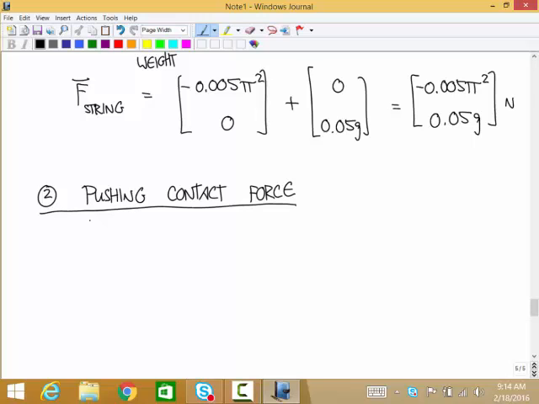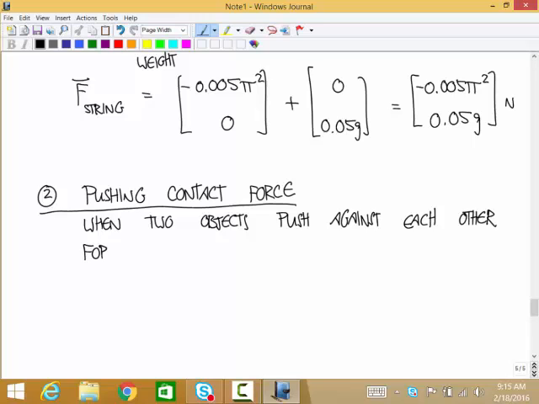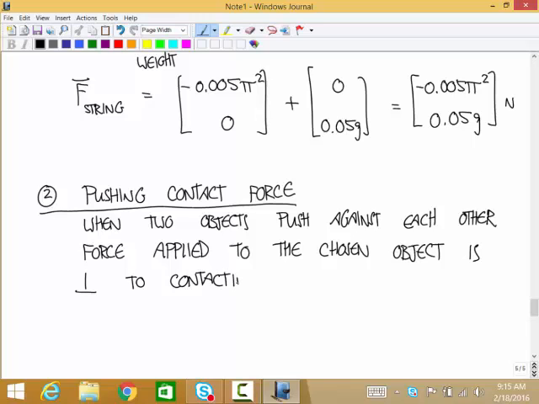So when two objects push against each other, the contact force applied to the chosen object is perpendicular to the contacting surface and toward the chosen body, away from the contacting body.